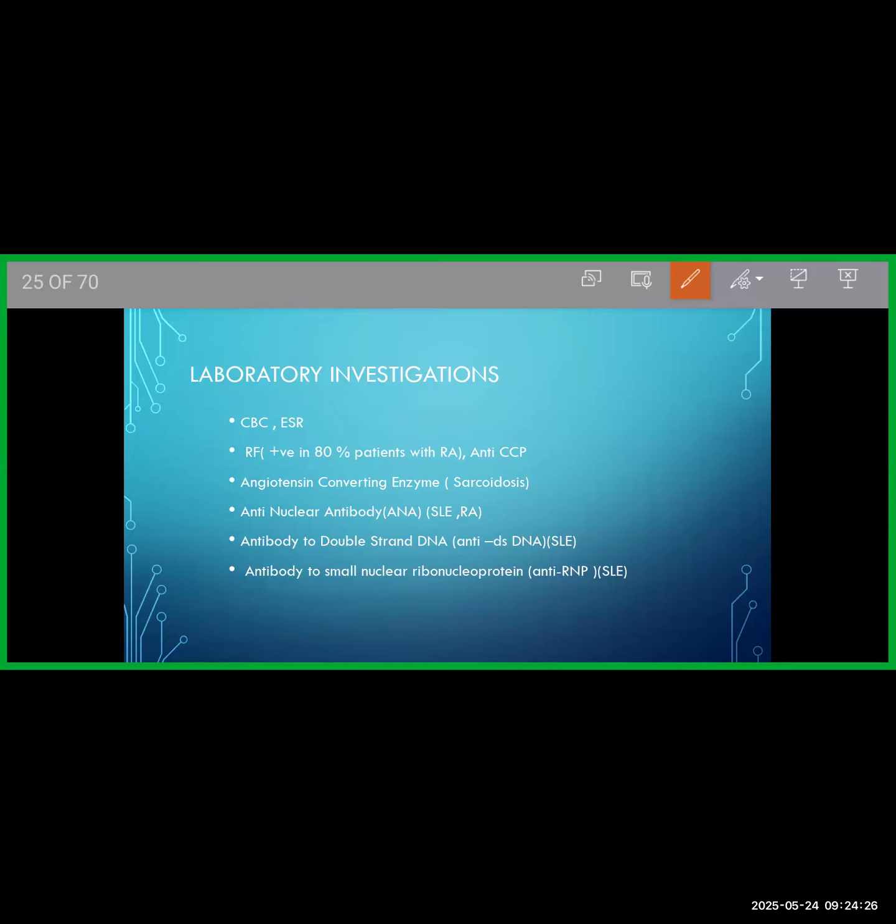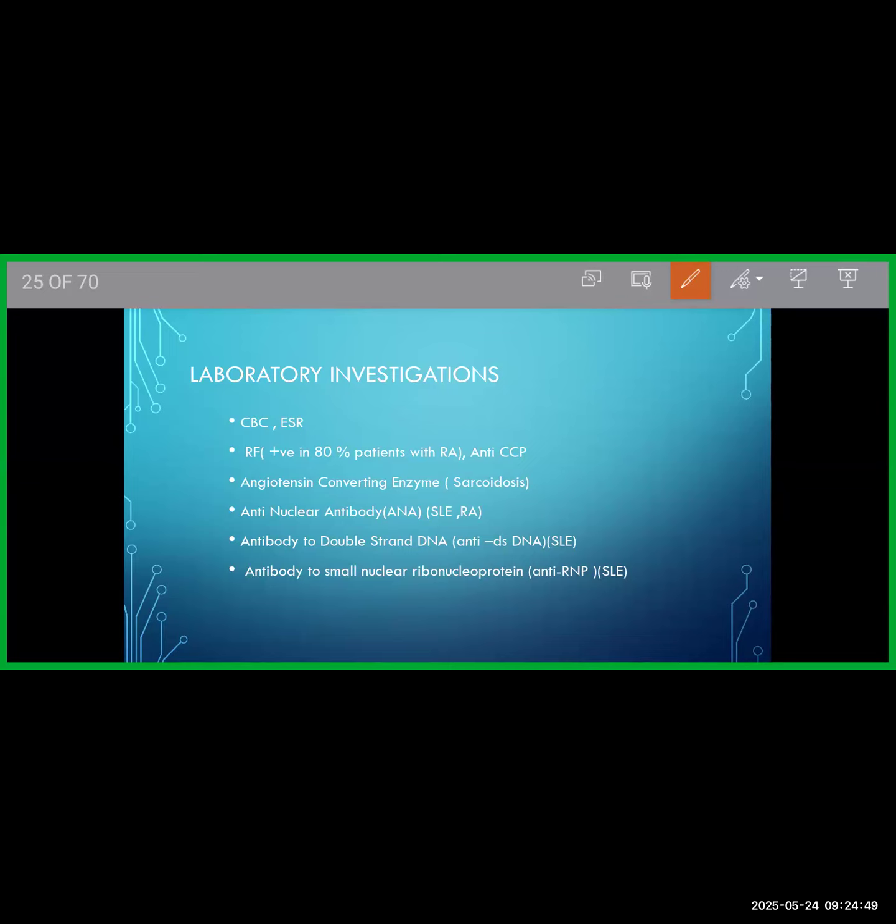Rheumatoid factor is positive in 80% of patients with rheumatoid arthritis, and the anti-CCP is also one of the tests that can be done for patients with rheumatoid arthritis. It is said that anti-CCP is more specific than the rheumatoid factor. Angiotensin converting enzyme is positive for patients with sarcoidosis.